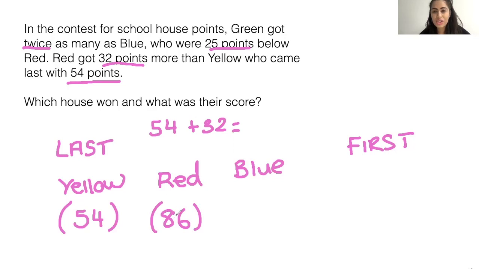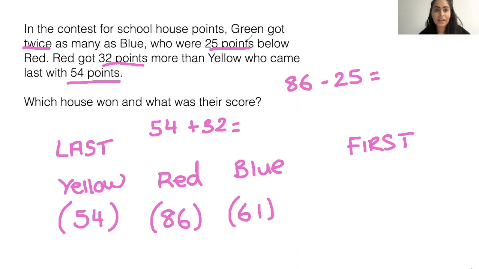So what sum do we need to do here? We need to do 86 minus 25, which equals 61. Right, so actually blue has come before red here, but that's fine. Let's just continue the question.